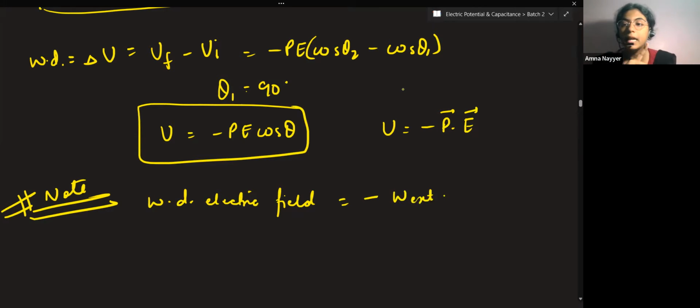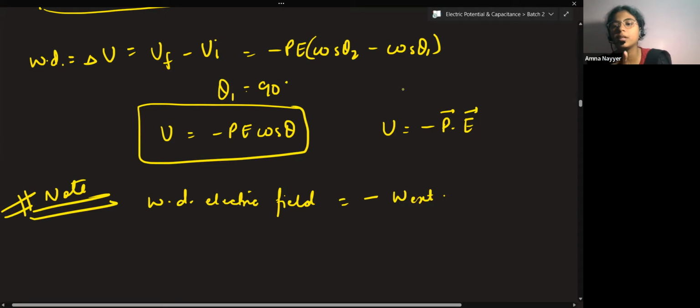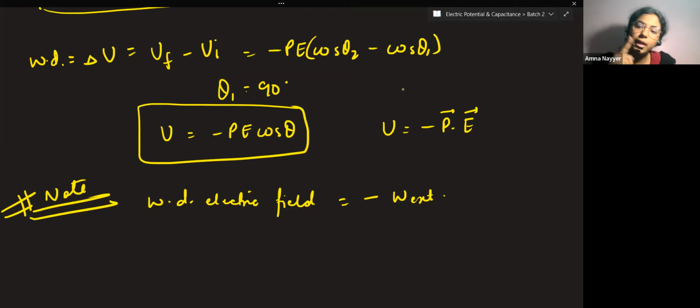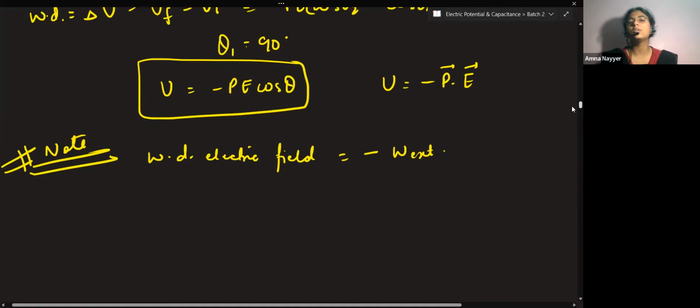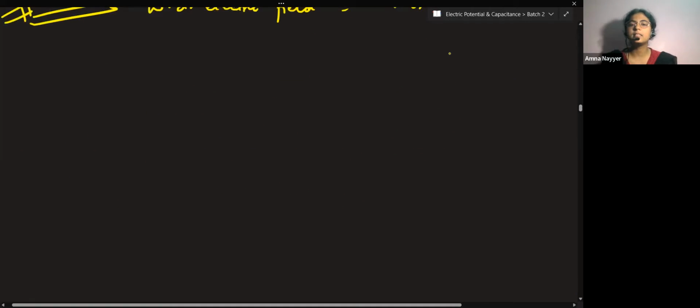We have done a question, if you remember, where we had to calculate work done by electric field. So work done by electric field will be negative of the work done by the external force. So if you have the formula as minus PE cos theta, let's discuss this.